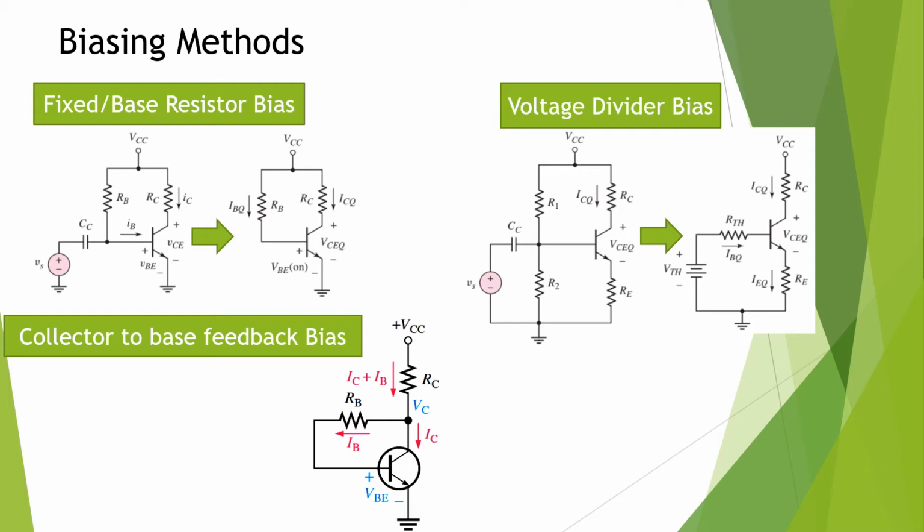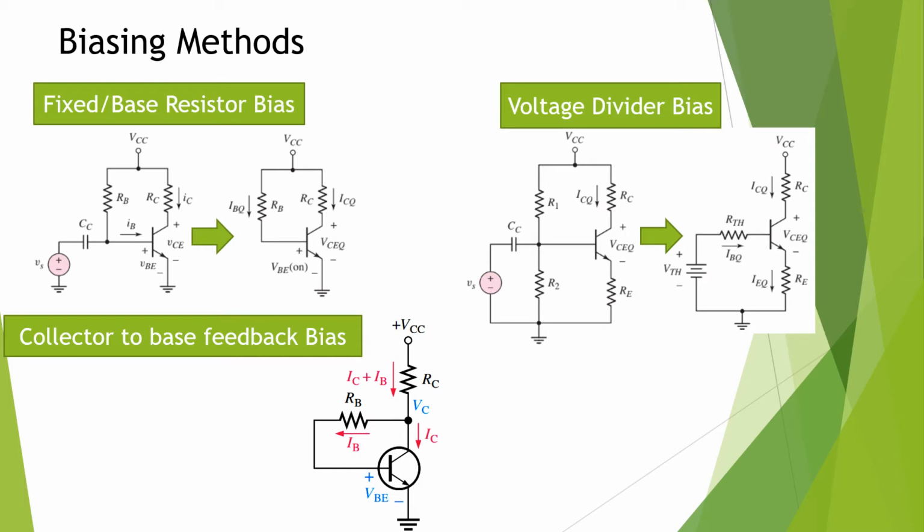In this method, for the DC analysis, the capacitor exhibits high reactance. High reactance means it will act as an open circuit. That's why it is removed from the next circuit, right? In the fixed bias method, we have removed the coupling capacitor as well as the signal source.